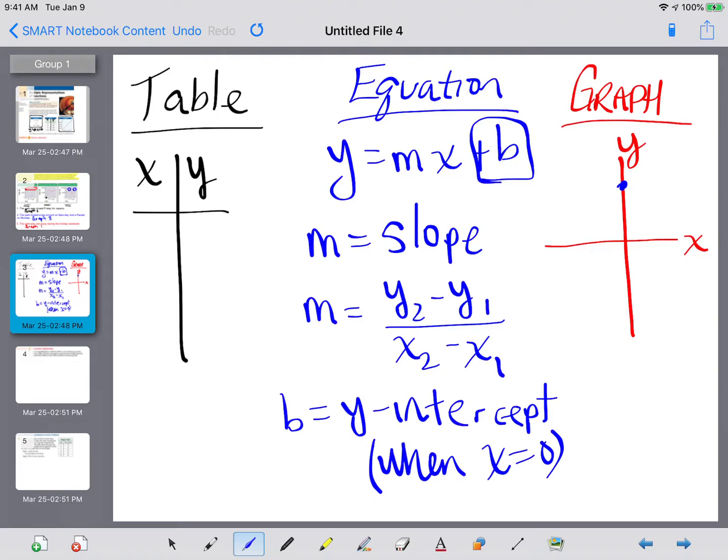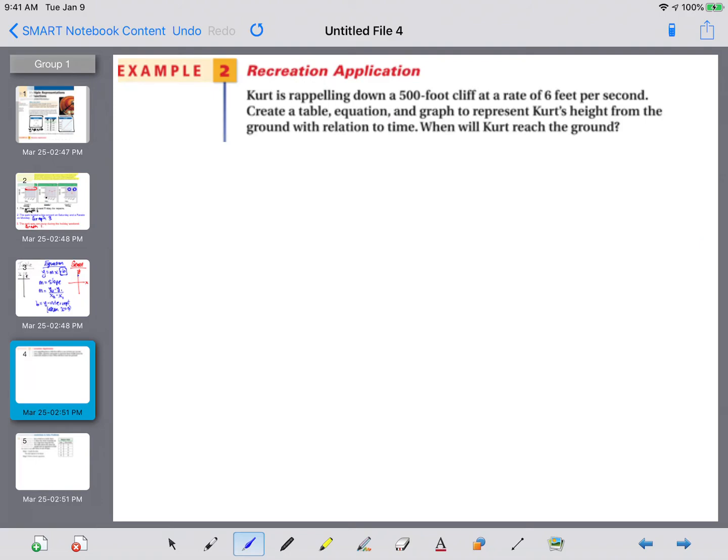Let's dive into an example. We have a problem. Kurt is rappelling down a 500-foot cliff at a rate of 6 feet per second. Create a table, equation, and a graph to represent Kurt's height from the ground with relation to time.